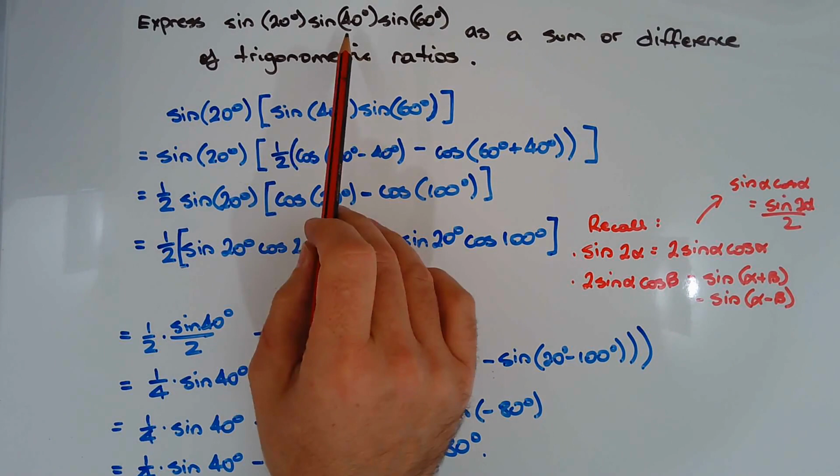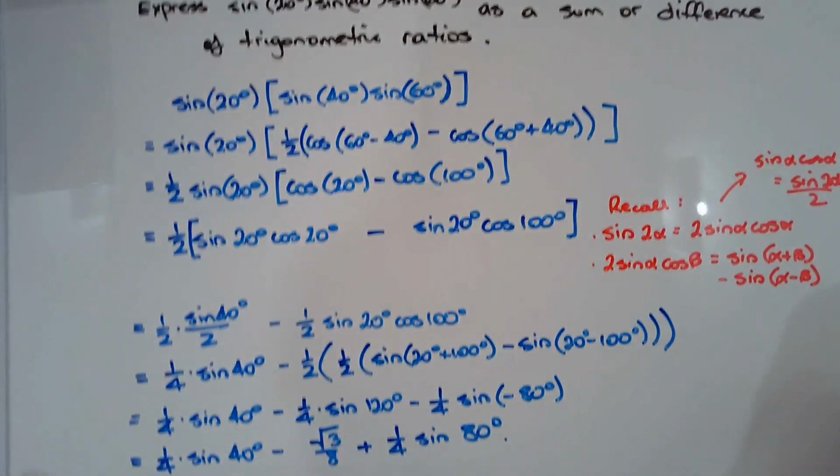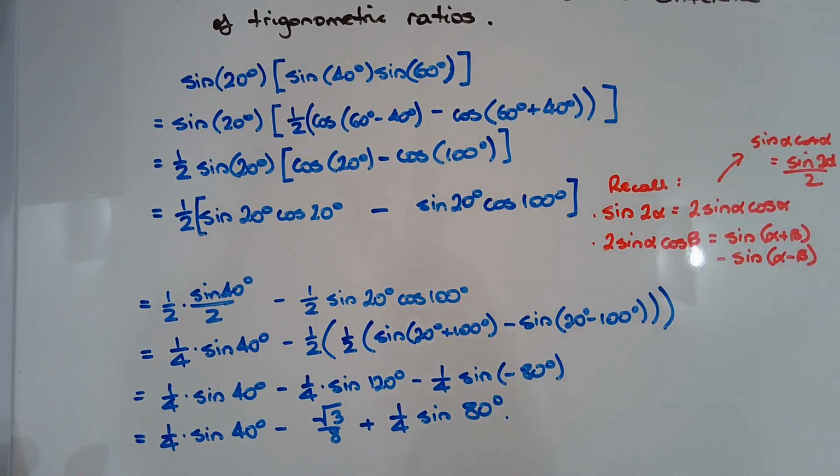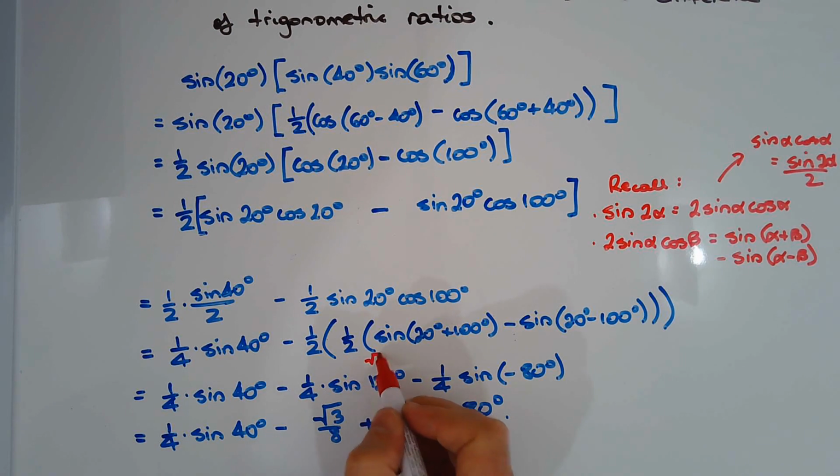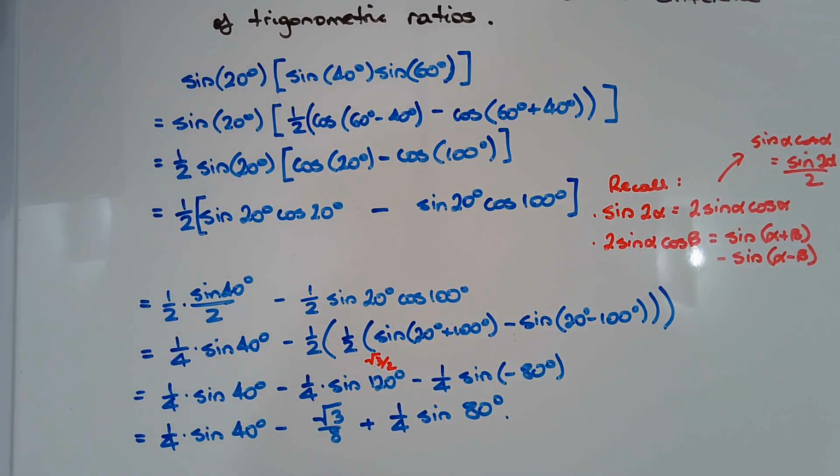Sine of 20, sine 40, sine 60 is equivalent to 1/4 sine 40 minus root 3 on 8. Now recall sine of 120 is root 3 on 2, which you multiply by 1/4 to get root 3 on 8. And of course, plus 1/4 sine of 80 degrees.